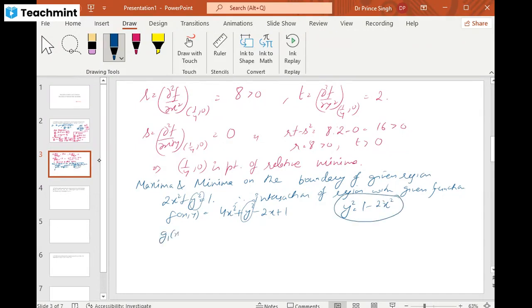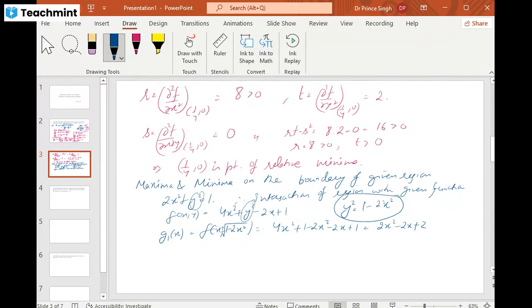Let our function be g1(x), which is f(x, ±√(1 - 2x²)). This is 4x² + 1 - 2x² - 2x + 1, which is equal to 2x² - 2x + 2. Now because it is a function of x alone, we name it g1(x).